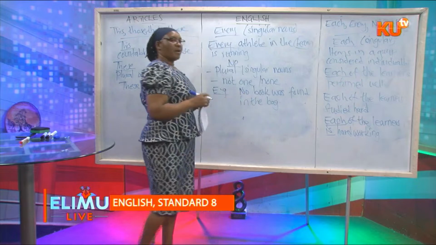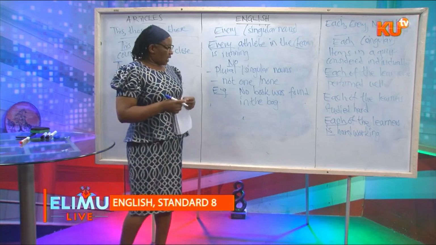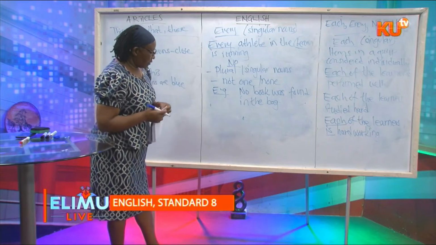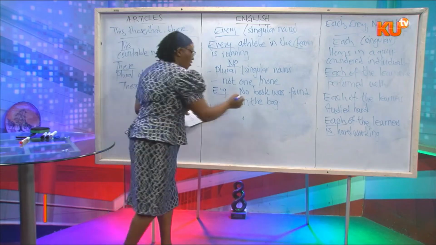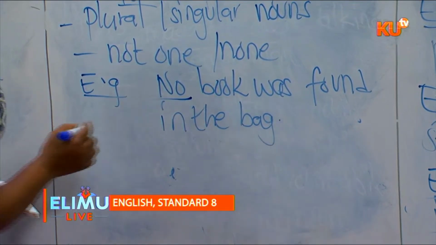Maybe you came across a school bag that had been left somewhere, but on checking, there was no book inside. So you say that no book was found in the bag. It can also be used with plural nouns.